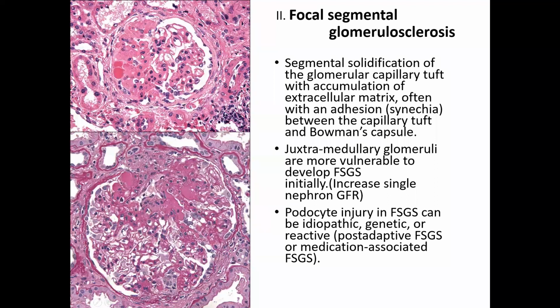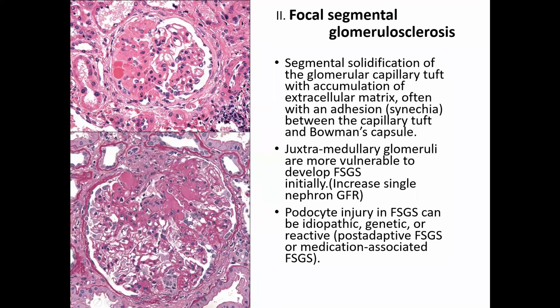It is due to accumulation of extracellular matrix, and there is some synechial formation between the capillary tuft and Bowman's capsule. This we can call FSGS. The remaining 50% of the glomerulus is absolutely normal. So there is segmental solidification of the glomerular capillary tuft with accumulation of extracellular matrix, and synechiae can be there.